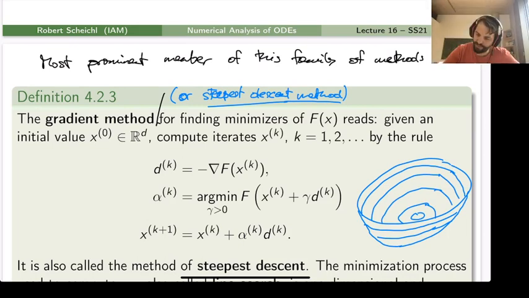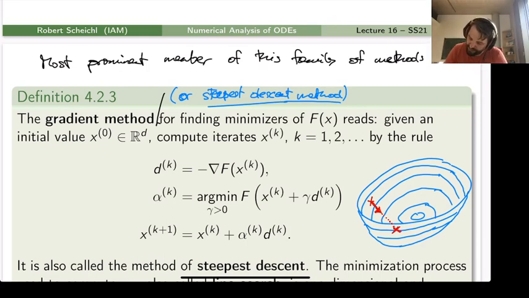Then at a particular point, wherever we are, we pick the direction of steepest descent, which is basically in this case pointing downwards this direction. And then we minimize the function along this line. So we may end up getting somewhere here where we hit the bottom of that valley, before the function goes up again, and this would be our next iterate.